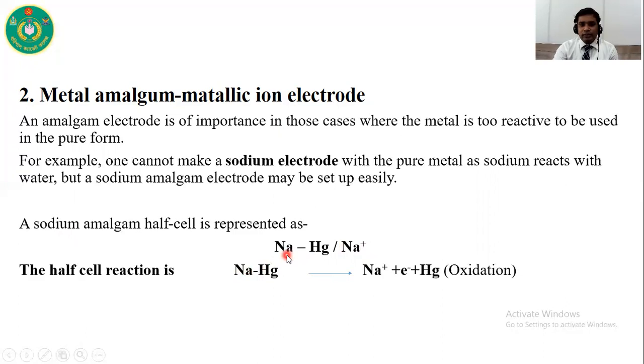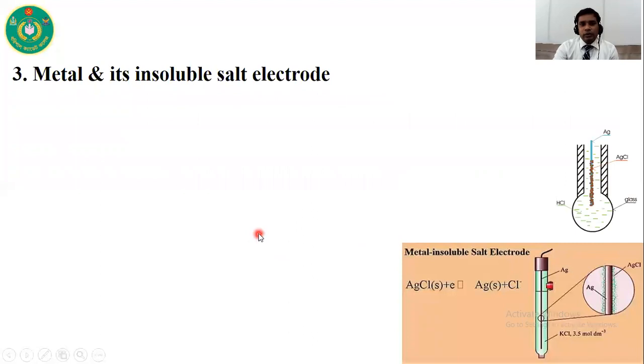That means sodium loses electron and gets sodium plus. This is in oxidation state. So if it undergoes reduction, I write sodium plus in the previous and sodium amalgam later on. So this is the oxidation representation of sodium amalgam electrode. Now third one is metal and its insoluble salt electrode.